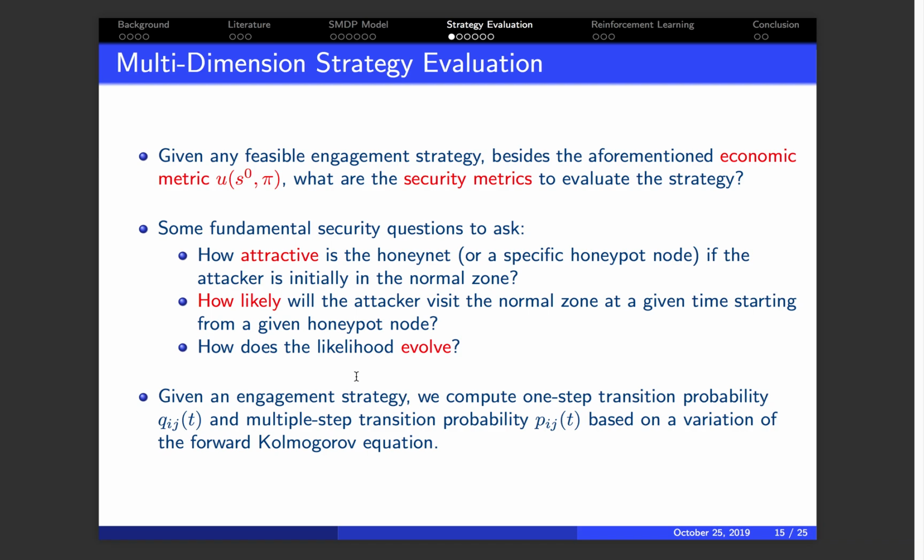How likely will the attacker visit the normal zone at a given time from a honeypot node? And how does the likelihood evolve? To answer these questions, we need to compute the one-step and the multiple-step transition probability based on a variation of the forward Kolmogorov equation.